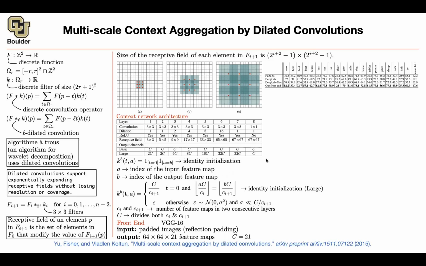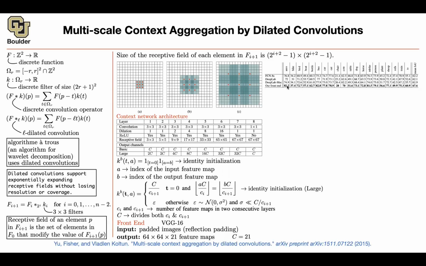And let's compare this to fully convolutional networks, and with DeepLab, the previous paper that we covered, and DeepLab multi-scale images. With this front end and dilated convolutions constructed this way, you're getting more context.